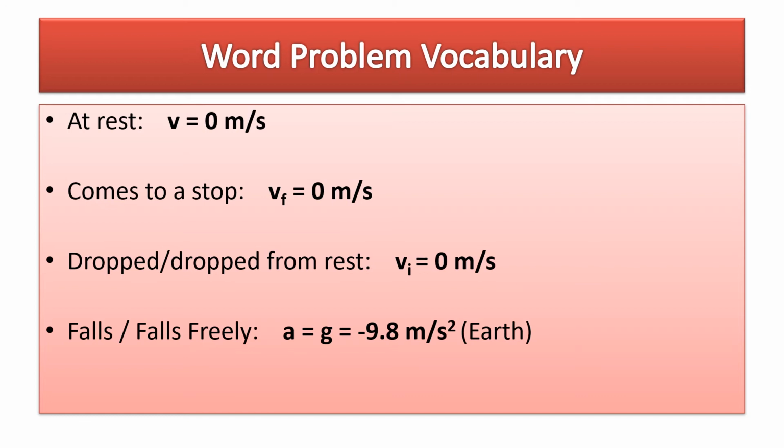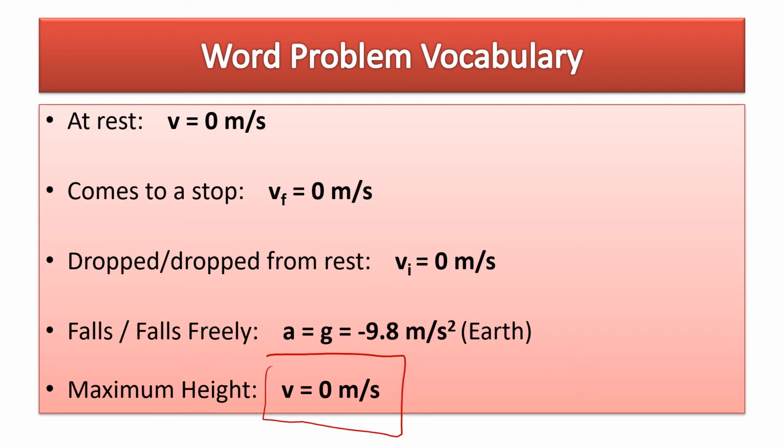And if the problem says it's being thrown upward and asks at its maximum height or what is the maximum height, they're actually telling you that you can use that velocity as described on the previous slide. At the maximum height, the velocity of the object is 0 before it comes back down, and then the velocity becomes negative.